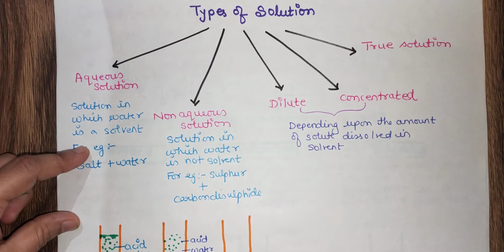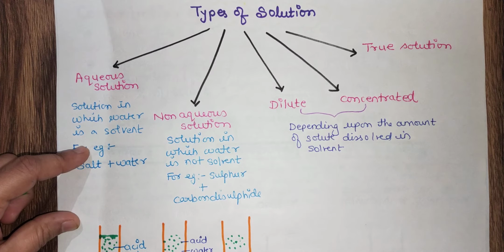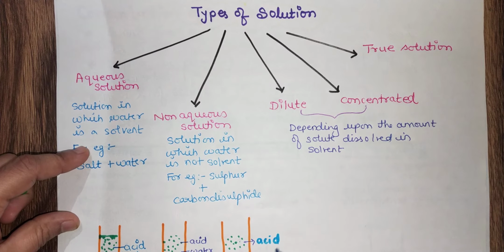If you take a third example in which the solute is becoming even less, then you can say 6 ml acid and 4 ml water.